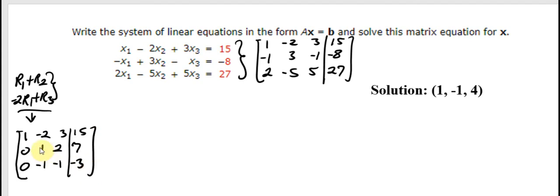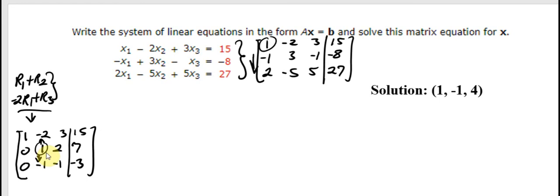Now we move to A22. We get a 1 there. We already have that. Use that 1 to get zeros above it and below it. So remember, once you clean up that first column, move to the second column, and you target A22 to get a 1 there, and then you want to try to get zeros above it and below it.